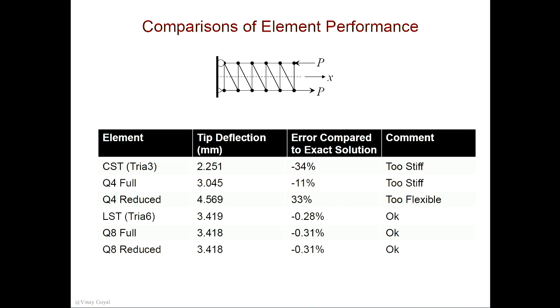For the quadrilateral element, it is 11% stiffer than the exact solution, much better. Reduced is too flexible. And then when I go to second order, all of them look really good. That's the percentage error there. Really good. Second order basically takes care of a lot of headaches, but it comes with computational expense.